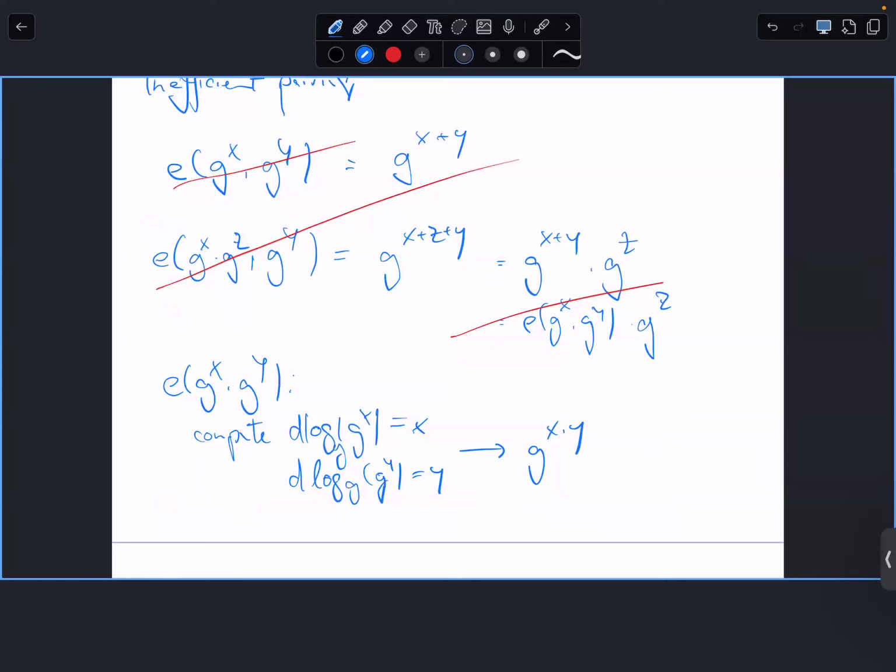So if we can brute force discrete logarithms, then we can easily define such a bilinear pairing.